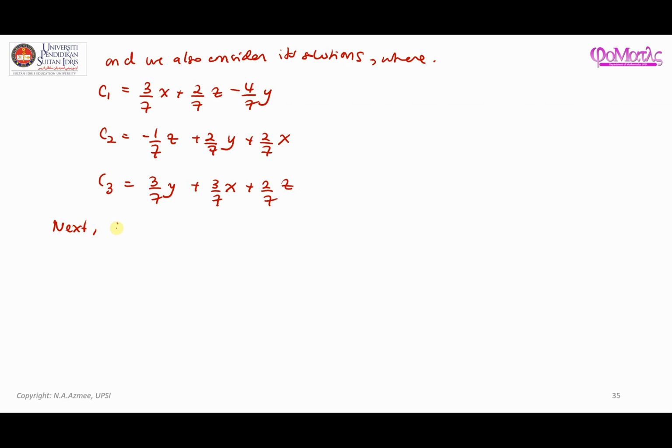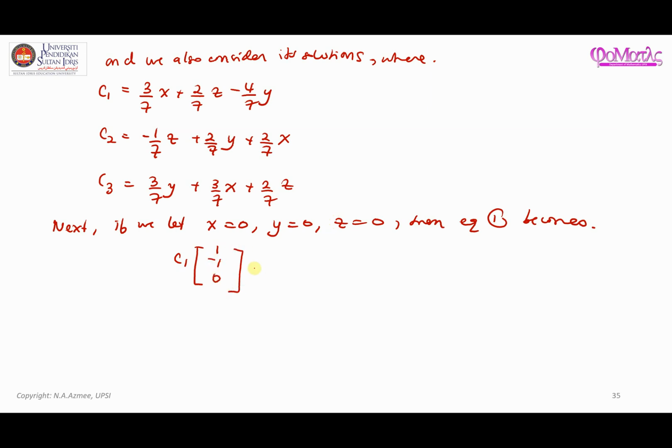Next, if we let x equal 0, y equal 0, and z equal 0, then equation 1 becomes C1 times 1, negative 1, 0 plus C2 times 2, 0, negative 3 plus C3 times 0, 1, 2 equals 0, 0, 0, which is the starting point to demonstrate whether the vectors are linearly independent or otherwise.